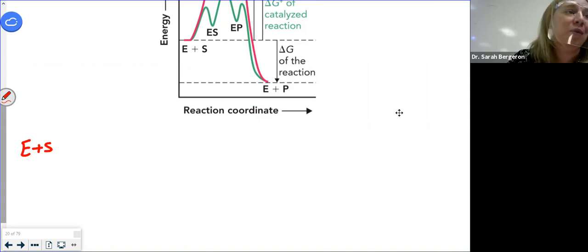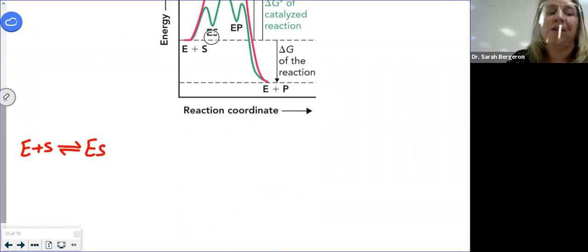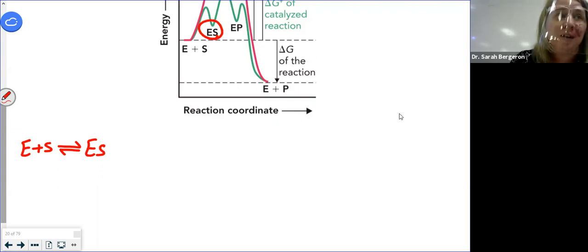So how would I write that if this were a chemical reaction? And remember, almost everything is reversible. We're going to make enzyme substrate right here, right? Right there. Whoa. Okay. So once we have the substrate bound to the enzyme, now we're actually going to convert that substrate into product, right?